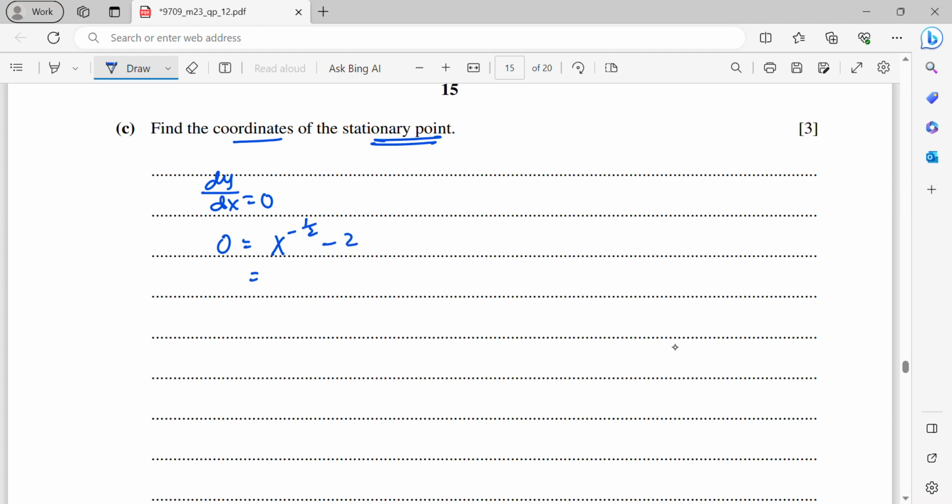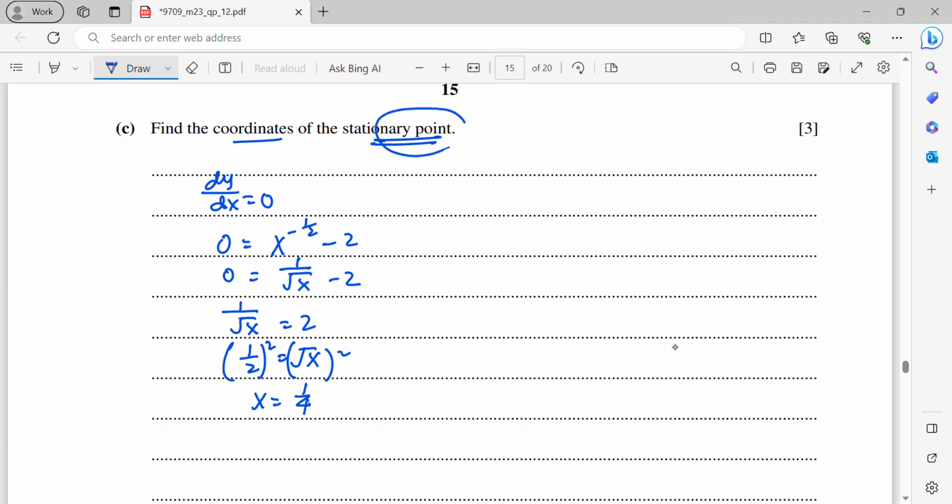Now this x to the power of negative half, I will change to 1 over square root x. Then now 1 over square root x is going to be 2. So the square root x moves up and the 2 moves down. It will be half. Then to solve this, I will square both sides. Therefore, my x is going to be 1 over 4.